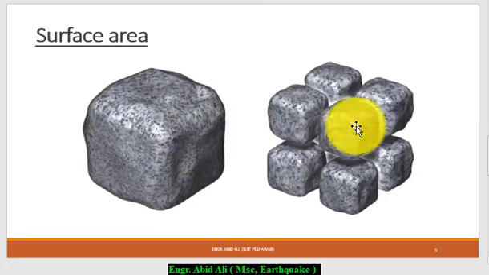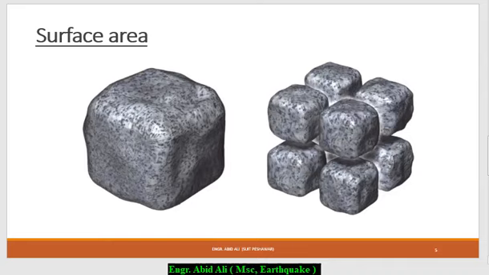Whereas on the right side I have the outside of this rock, but I also have the inside areas, right? Because the rock is broken down, we have additional surfaces that can be hit by rain, snow, ice, oxygen and other chemical reactions. And because this has more surface area, it's going to break down at a faster rate.